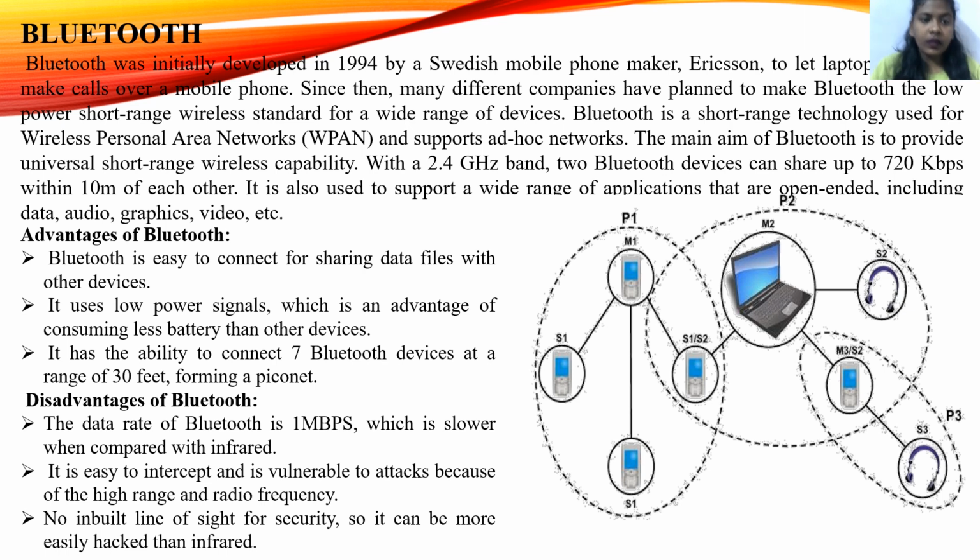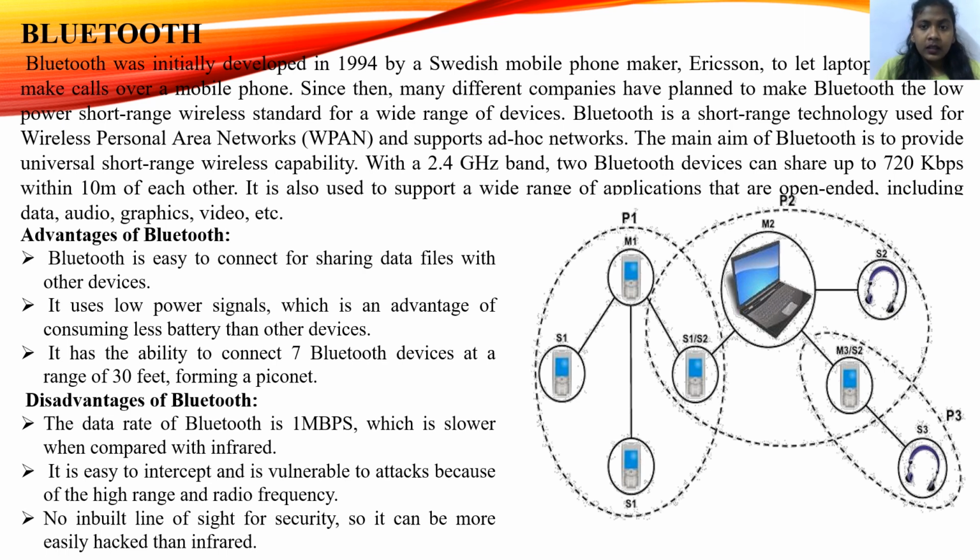Bluetooth. Bluetooth was initially developed in 1994 by a Swedish mobile phone maker, Ericsson, to let a laptop or computer make calls over a mobile phone. Since then, many different companies have planned to make Bluetooth the low power, short range wireless standard for a wide range of devices.